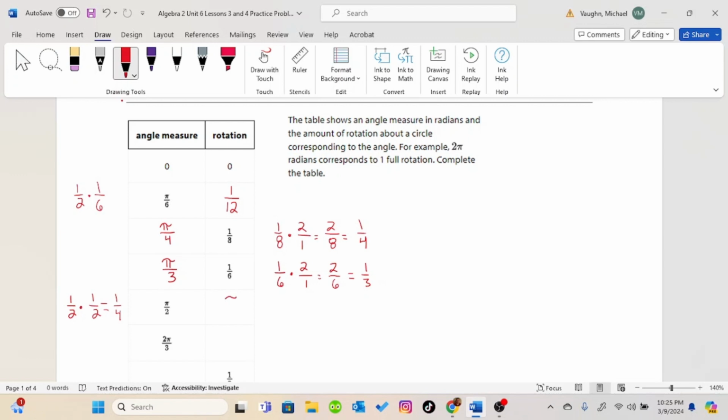So our rotation is pi over 4. Our next one. Now we have 2 pi over 3. So if we multiply that by 1/2, we get 2 over 6, which equals 1/3. So we have 1/3 of a rotation.